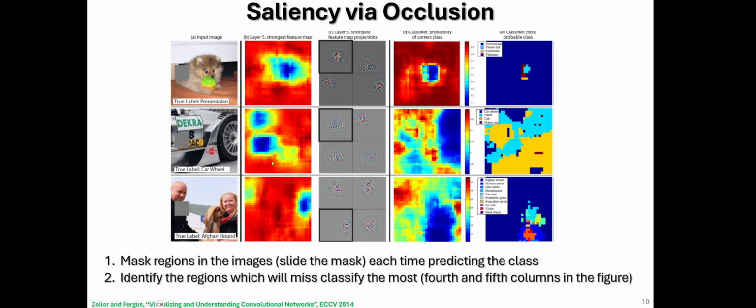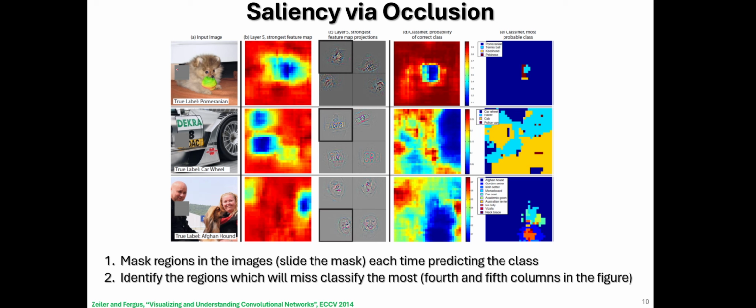While we did that, there is another interesting concept which evolved over the years, known as saliency. Saliency is something like a sanity check of your working, and one such interesting work is this: you take an image, then you mask certain regions of the image.